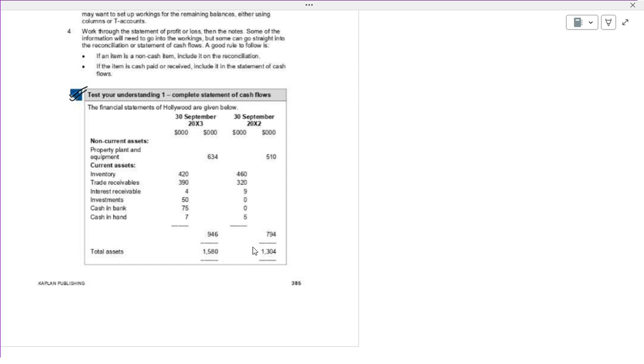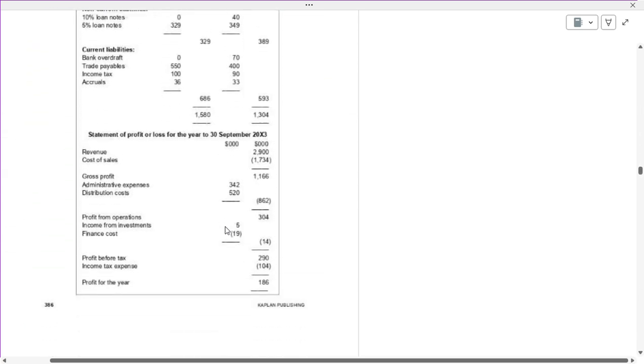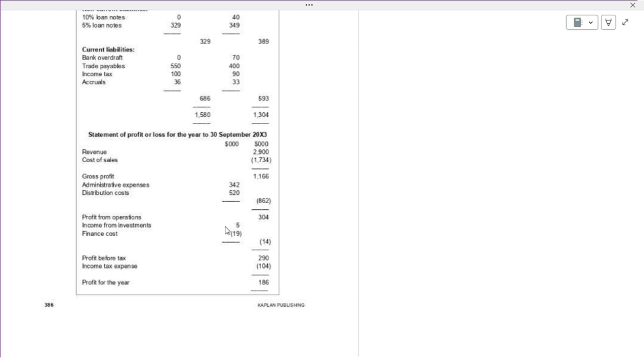What they have mentioned very clearly is that they have given you a balance sheet and a statement of profit and loss.